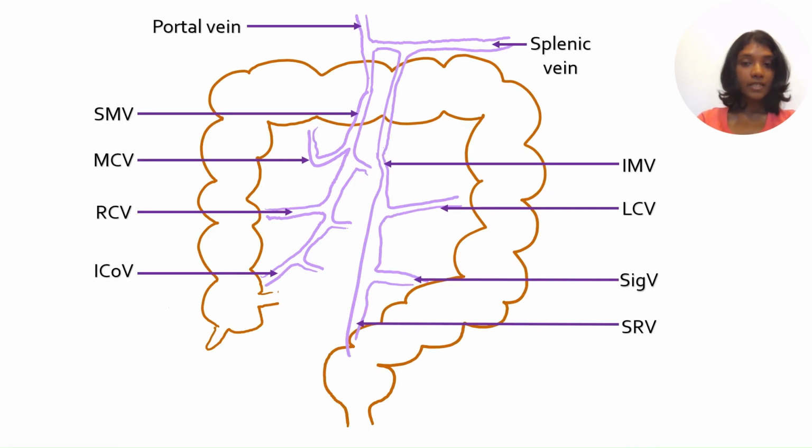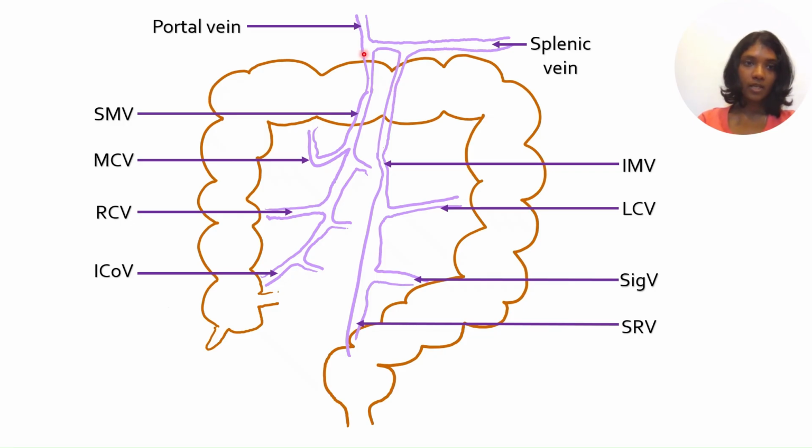When we look at the venous drainage, the draining veins correspond to the arterial branches. We have the ileocolic vein, right colic vein, and middle colic vein draining into the superior mesenteric vein. And from the distal colon, we have the superior rectal vein, sigmoidal veins, and left colic vein draining into the inferior mesenteric vein, which drains to the splenic vein.